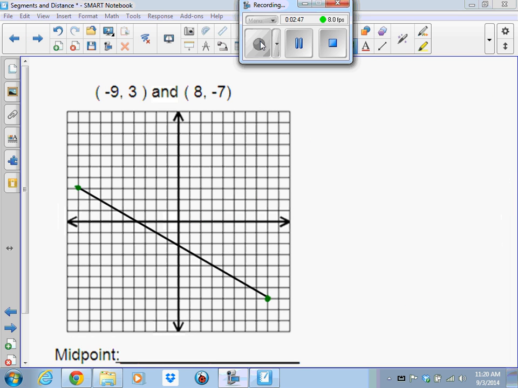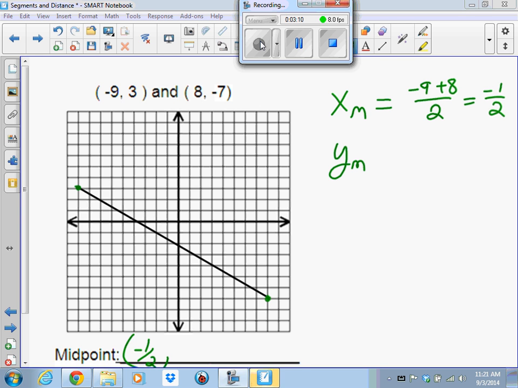All right, so this can get a little bit more complicated. This is not too bad. The x of my midpoint is -9 plus 8 divided by 2. This gives me -1/2. So my midpoint is -1/2, comma, and then the y value of my midpoint is 3 plus -7, or 3 minus 7, divided by 2.